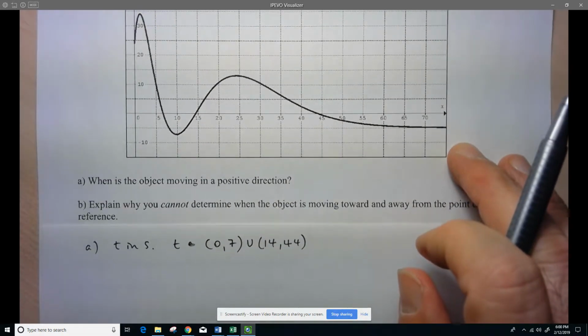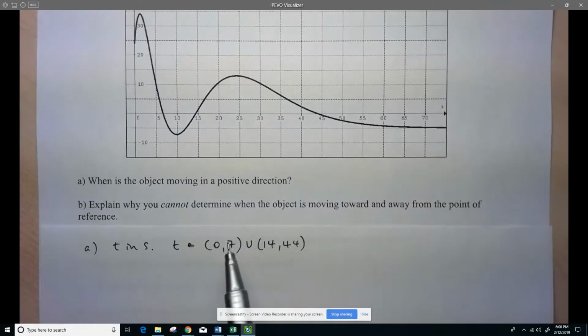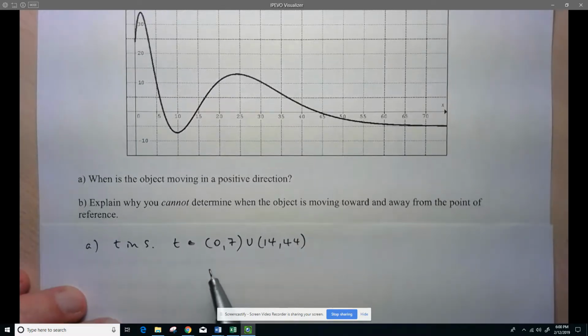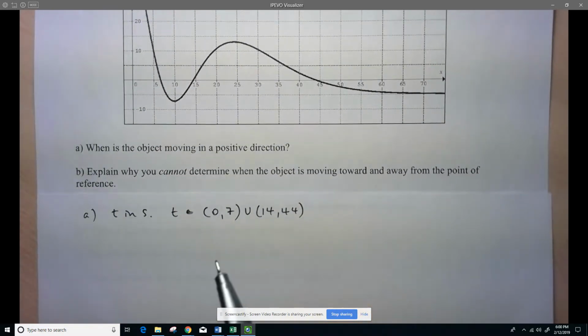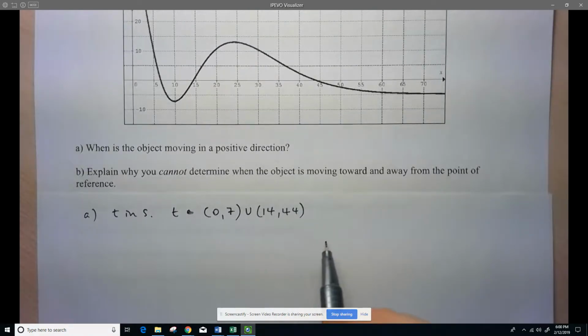The next one says, explain why you cannot determine when the object is moving toward and away from the point of reference. If you take a look at the notes, you'll see that in order to determine when you're moving toward or away from the point of reference, you need information not just about the velocity, you also need to know the position function.